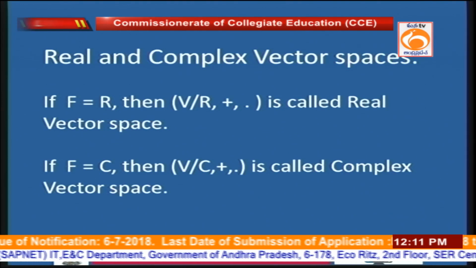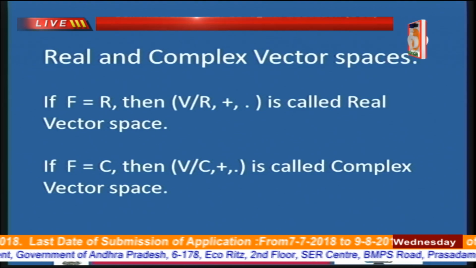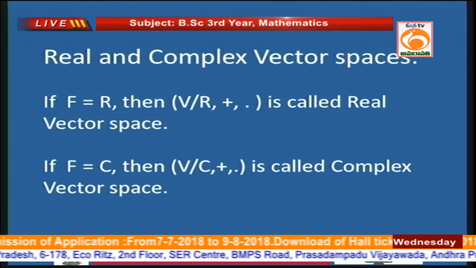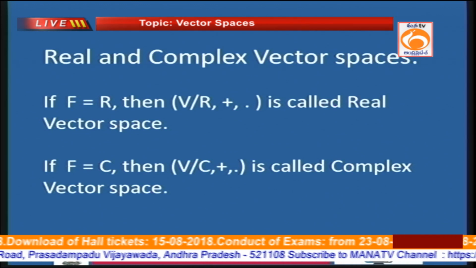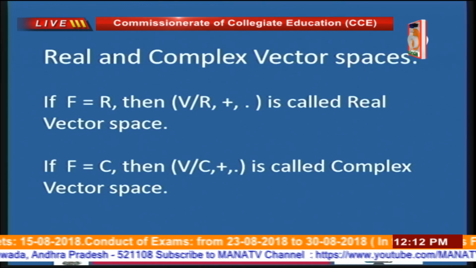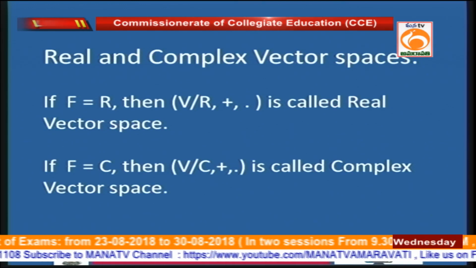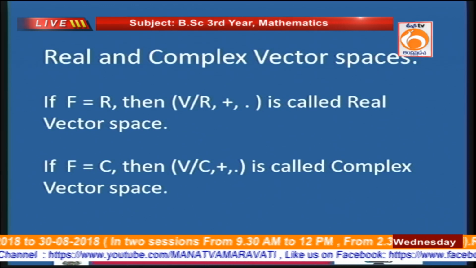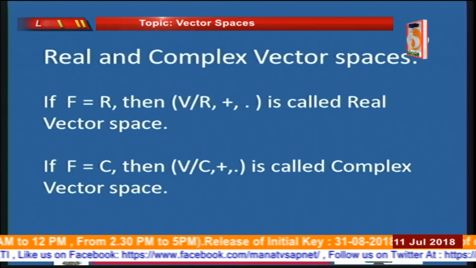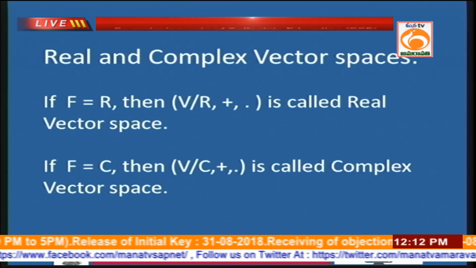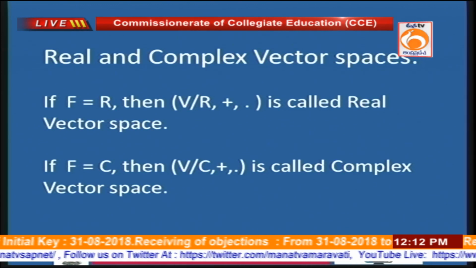So, if F is equal to R, then the vector space V over R is called a real vector space. If F is equal to C, the field of complex numbers, you would have already studied in the 5th paper examples for fields, set of real numbers, set of complex numbers, then V over C is called a complex vector space.